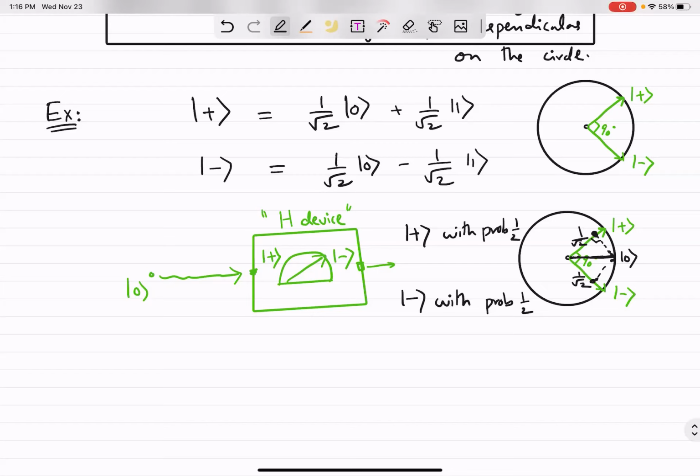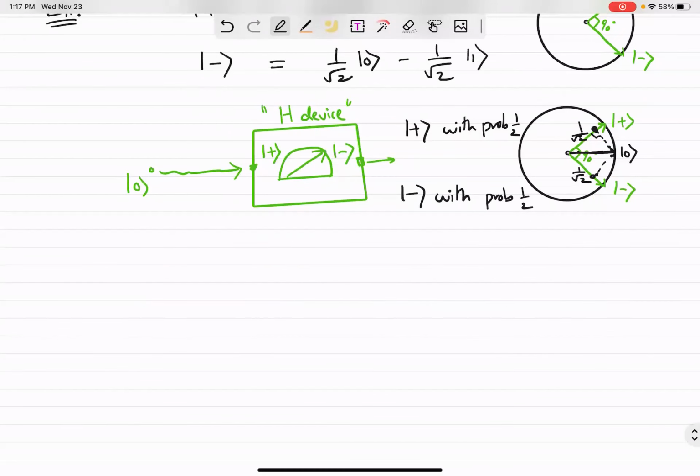So squares of the lengths are half and half, right? You can think of this measuring device as another way to produce states which are purely in plus or purely in minus. If I want something purely in 0, just pass it through this measuring device. It's either going to be in 0 with probability half, and so on and so forth.